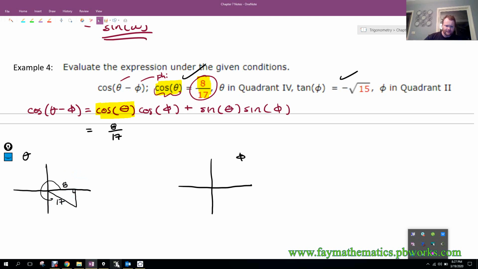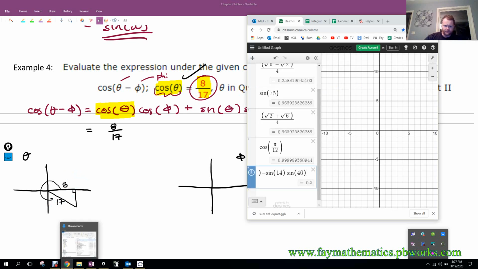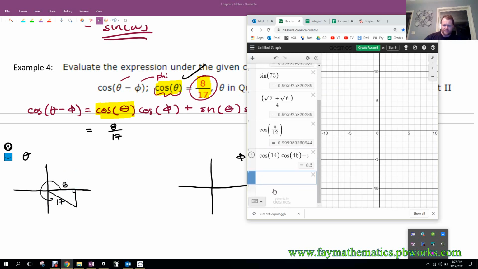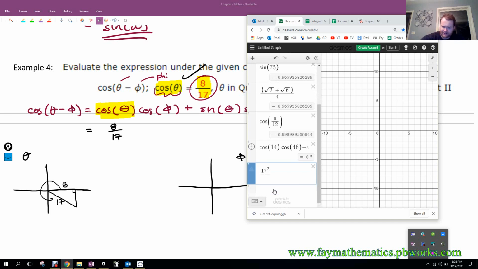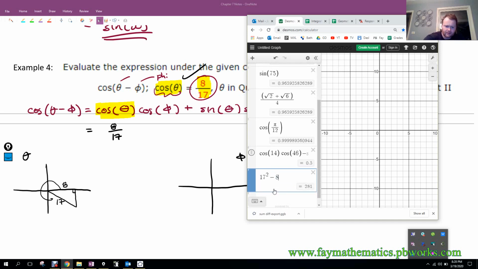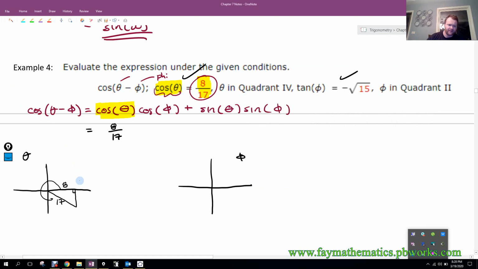So if we take 17 squared minus 8 squared gives me 225. Square root of 225 is 15. And now because we're in the fourth quadrant, that 15 is negative.